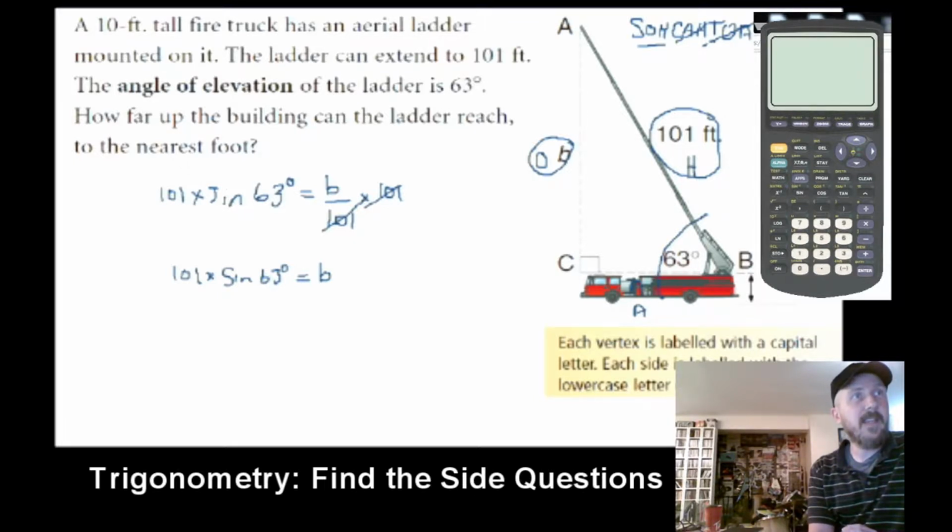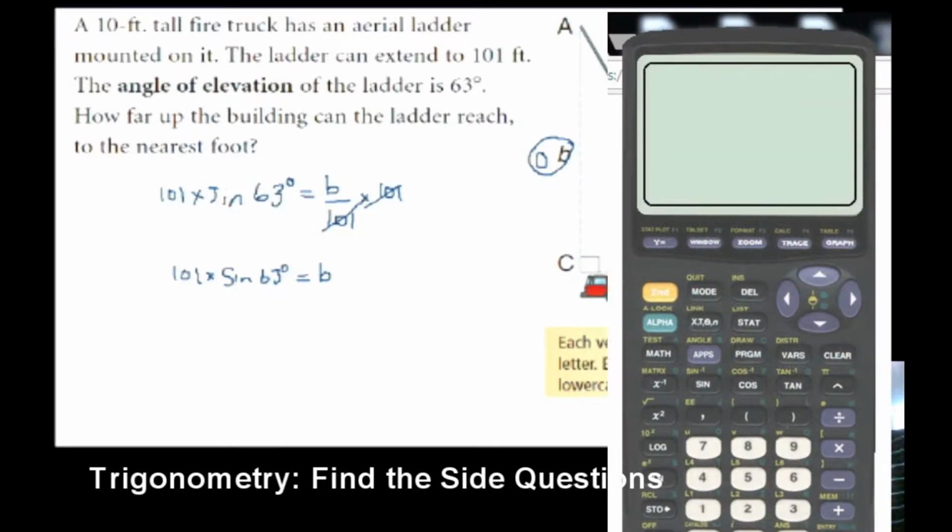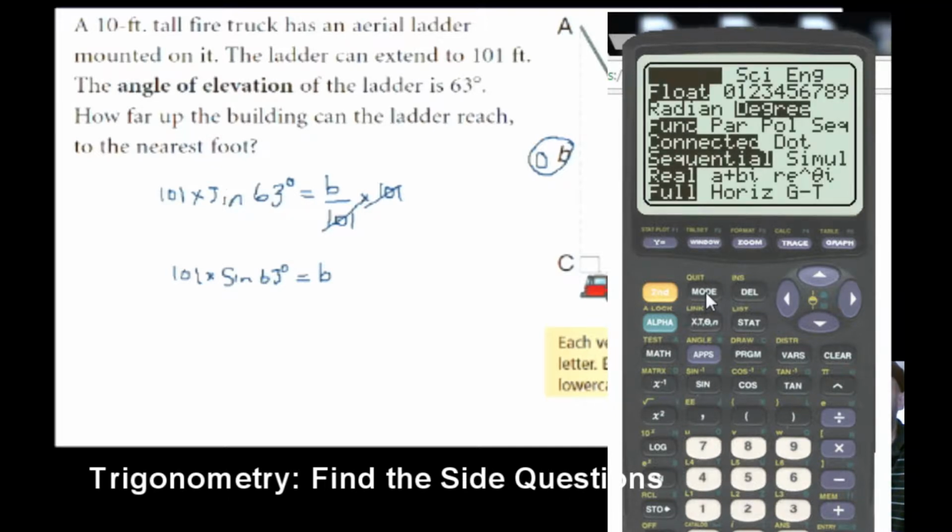You may not have a TI-83 calculator. That's okay. But what I want to show you with this calculator is, I'll clear off this stuff. Oh, I was actually doing the question there. One thing that you got to worry about with these calculators is when you turn on your calculator, a lot of the time it's in radians.